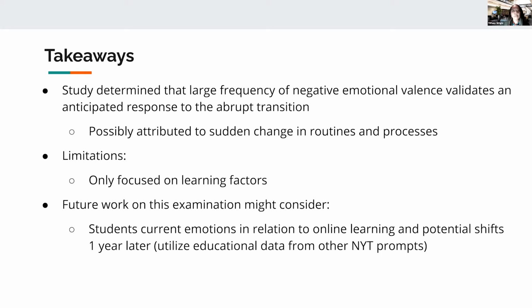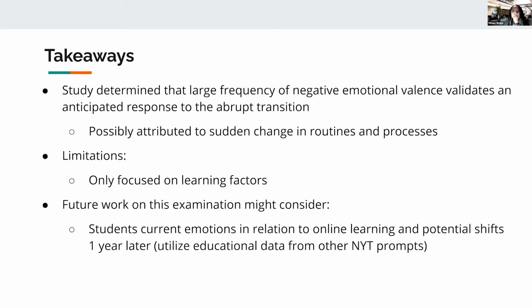Limitations, we did only focus on learning factors. So for instance, something like socioeconomic factors that might have impacted their learning, such as different family dynamics that change as a result of the pandemic or financial factors that change in the household. Those aspects weren't represented.